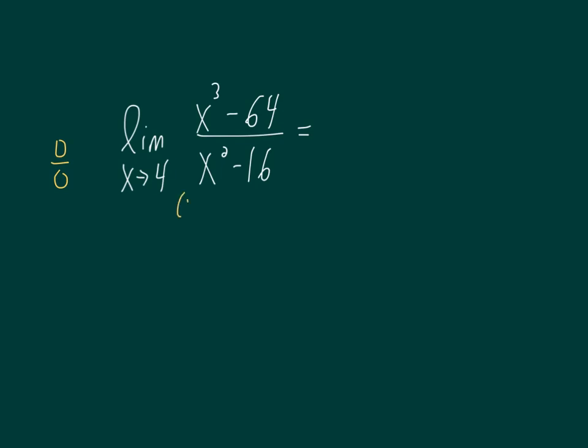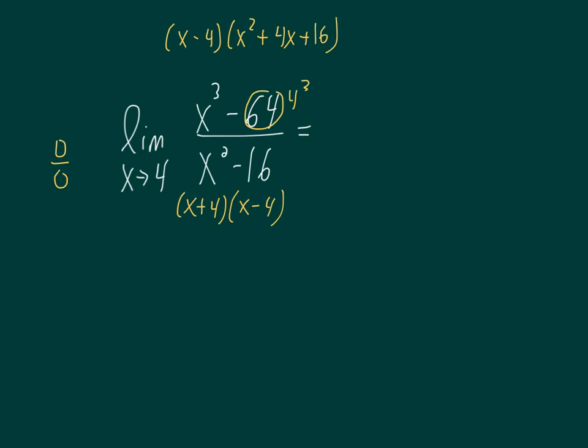We'll start in the bottom here, since this is the easier one. That's x plus 4, x minus 4. In our numerator, we have a difference of 2 cubes. Keep in mind that this 64 is really 4 cubed. So this can be factored into x minus 4 times x squared plus 4x plus that 4 squared, which is 16. Now from there, let's rewrite this.